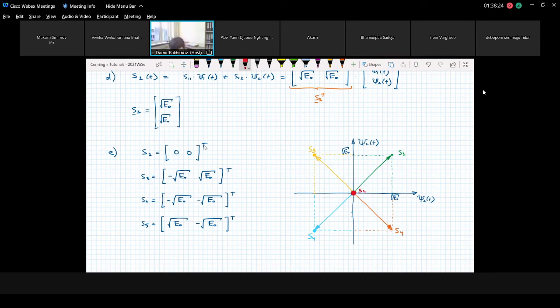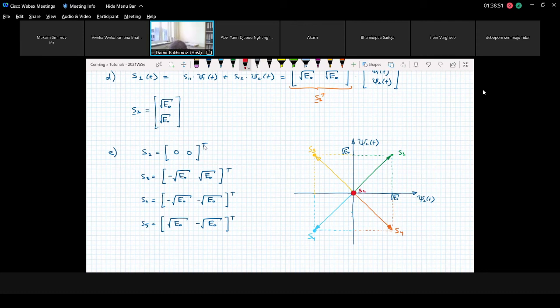And now, actually I slightly confused the tasks, but it's fine, because we need to draw the signal space first.